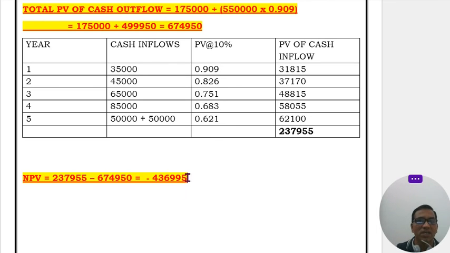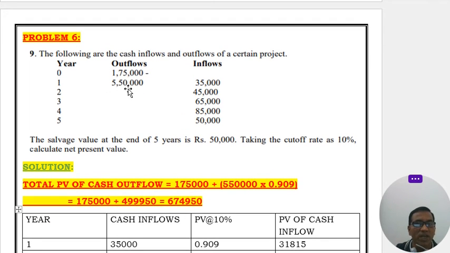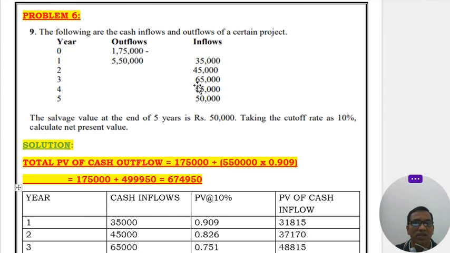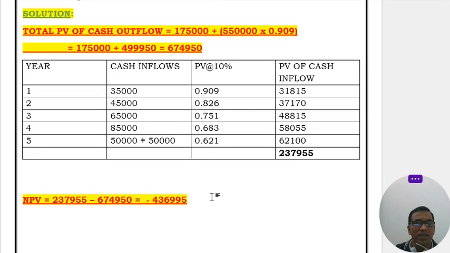Why negative? Here the cost of the project is 175,000 outflow, but in year one he gave 550,000 outflow, so too heavy for the project. But inflows are this one. So in this problem, NPV is negative.